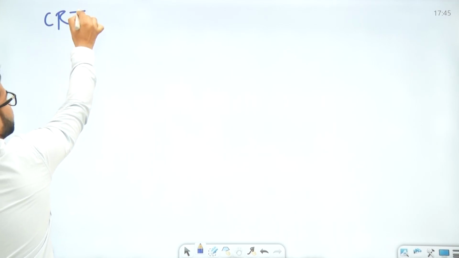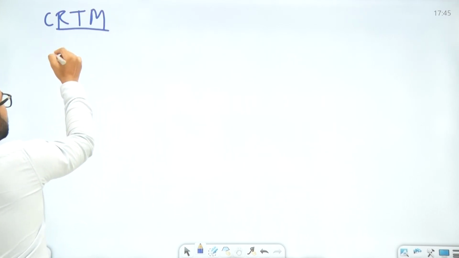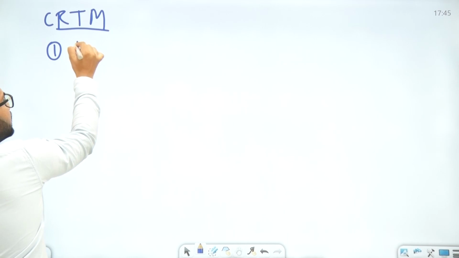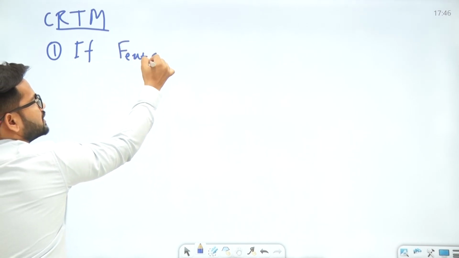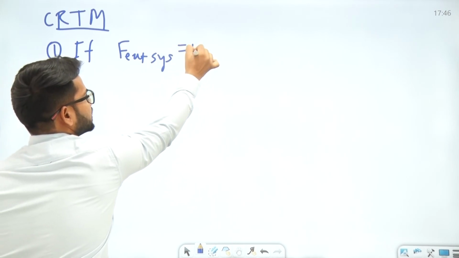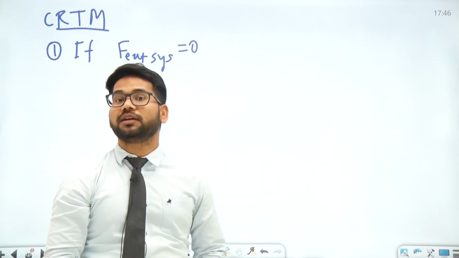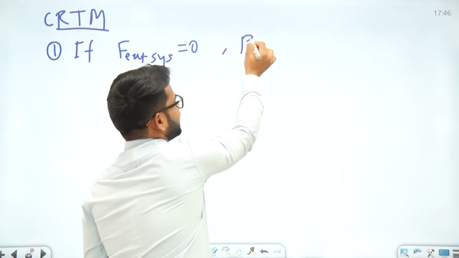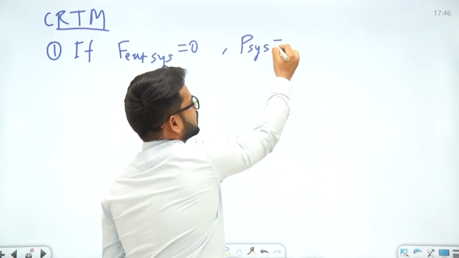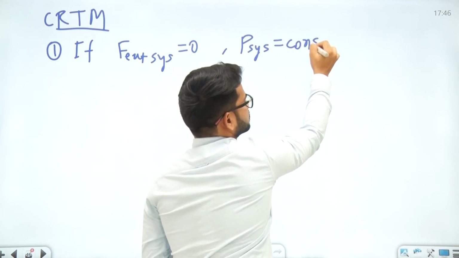And also for CRTM, you have to keep in mind, if F external on the system is 0, then momentum of the system will be conserved, right? So we can write P system conserved.